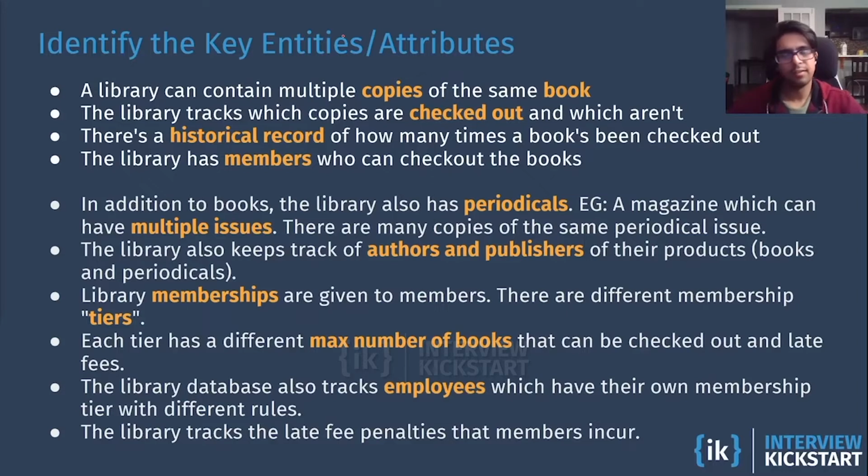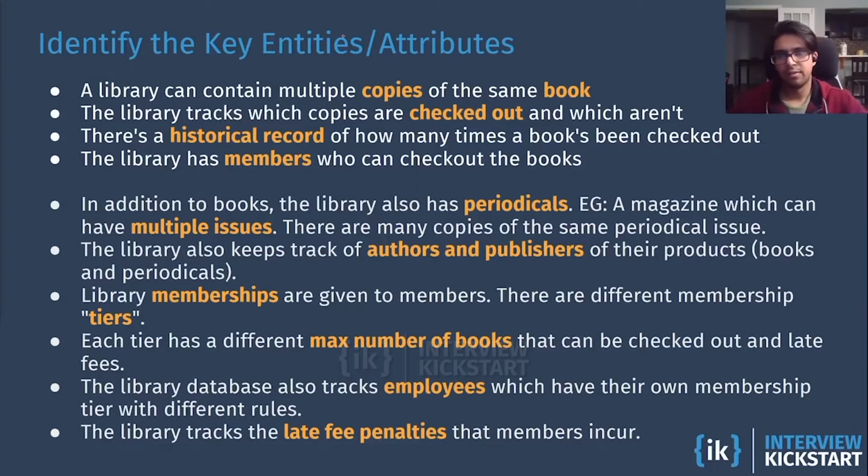Keep going. We likely have an entity for employees that also joins to that membership tier dimension. And the late fee penalties. Okay, and again, that's probably with the membership tier dimension, because if we remember from the requirements, the different tiers will have different rules and penalties.